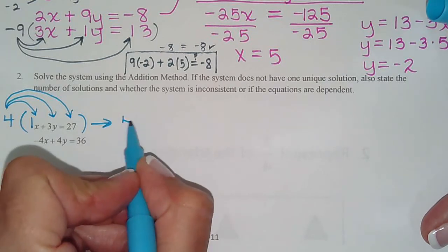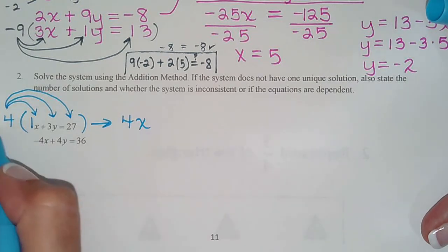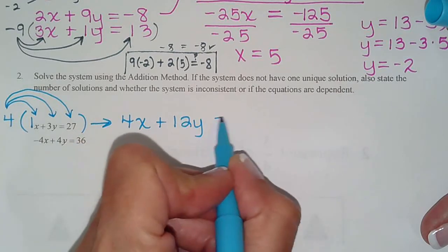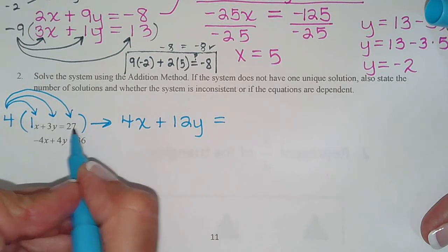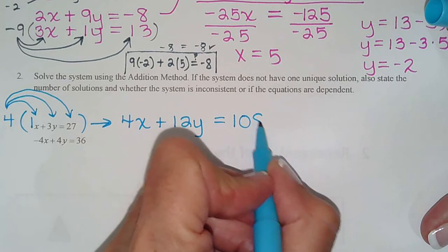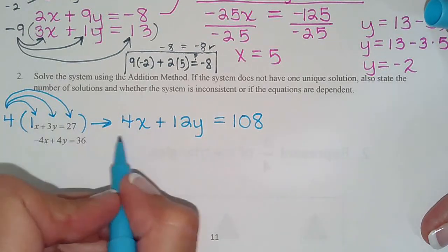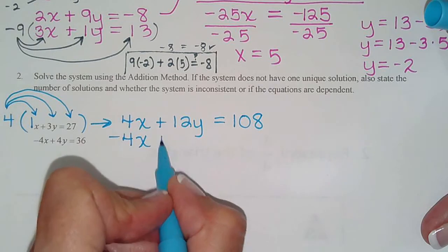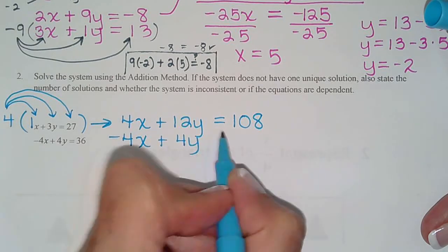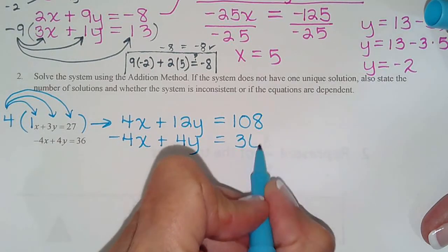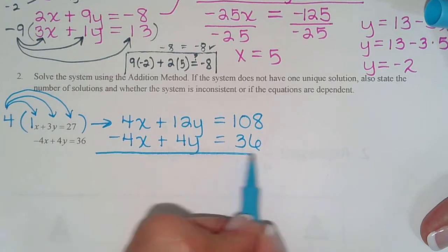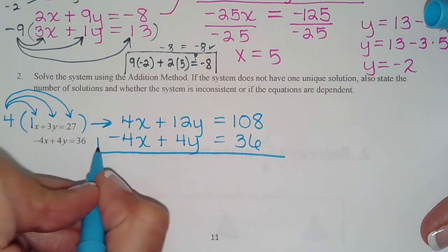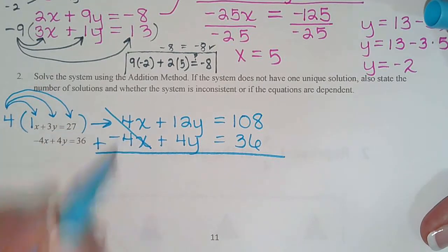So this turns into 4x plus 12y equals 108. And -4x, so the bottom equation stays the same, plus 4y equals 36. So have I made opposites? Yes. So I'm ready to add. Boom.